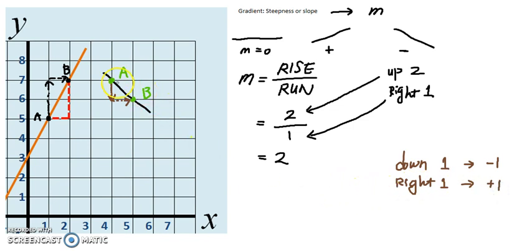So for this line, the gradient is rise, which is down by 1, so it's -1, over run, which is moving right, +1. From integer operations, we know -1 divided by positive is still negative, and 1 divided by 1 is 1.